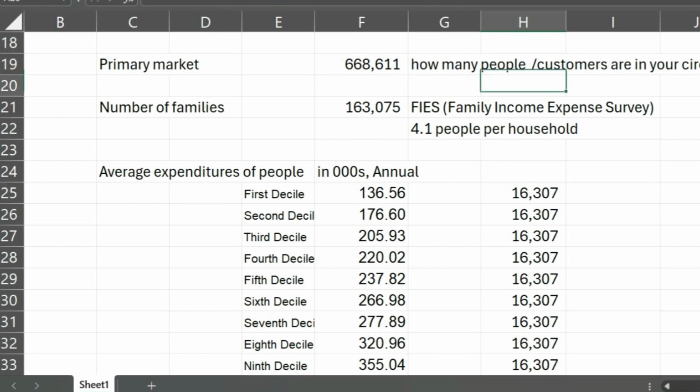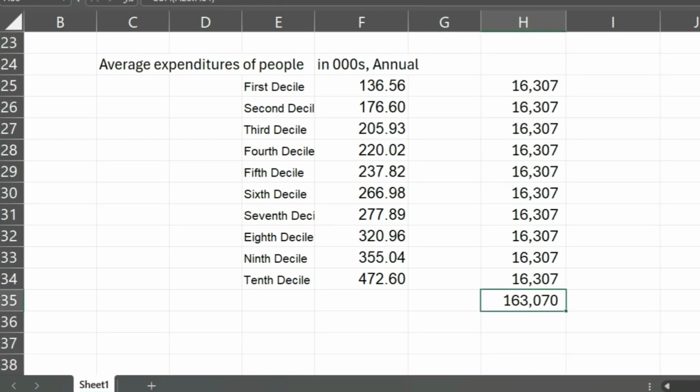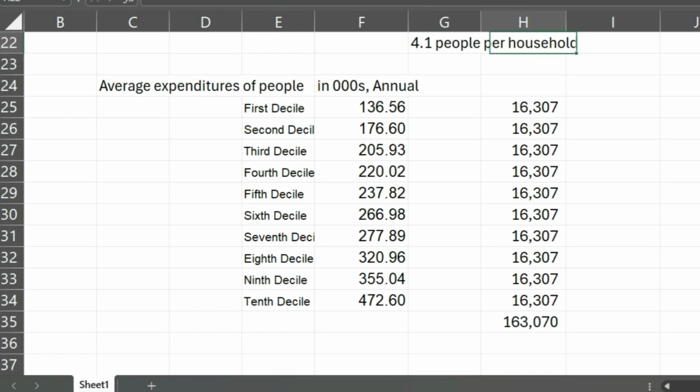So we have 163,070, you lack 5 households. That's okay, right? So this is now, again in thousands, 136,000 divided by 16,000 of them. That's your ongoing market. This is the number of households.